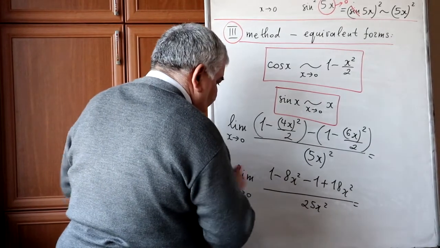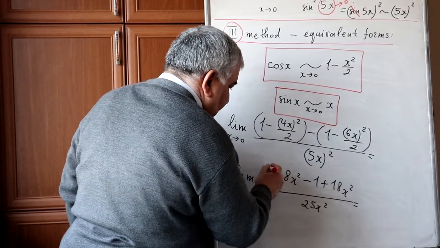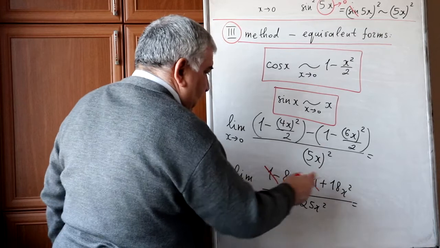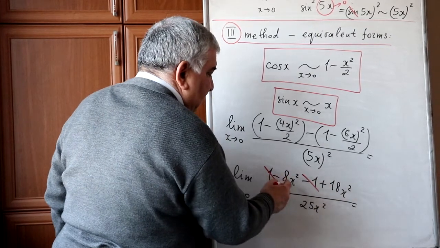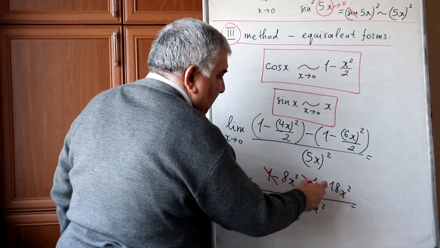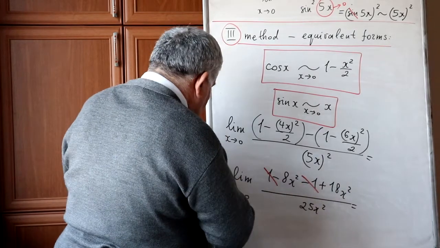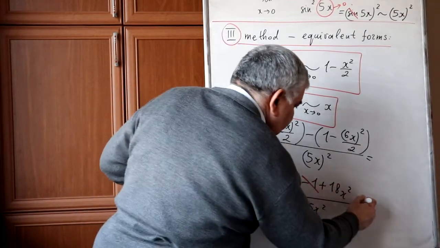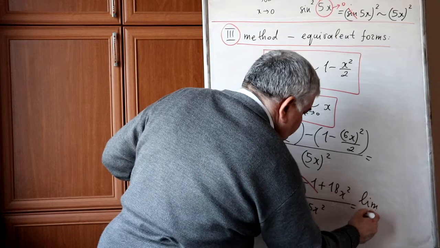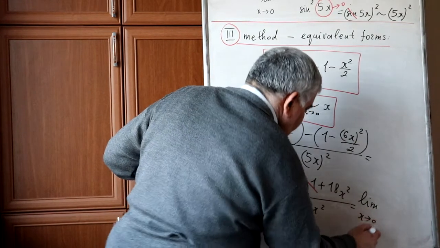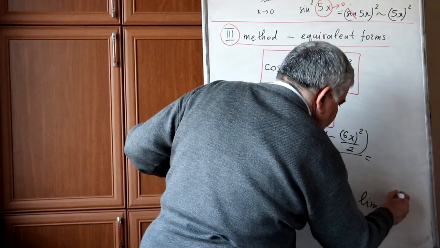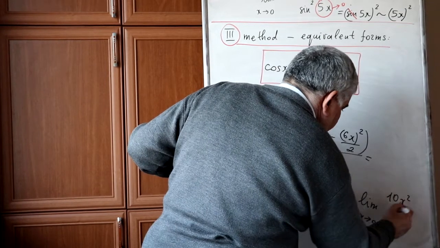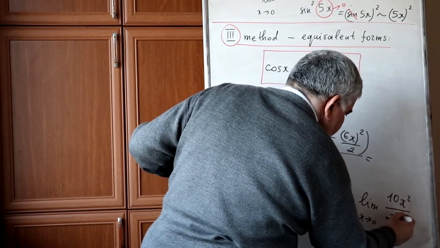Here 1 and minus 1 are removed. Minus 8x squared plus 18x squared will give 10x squared. Limit when x tends to 0, 10x squared over 25x squared.